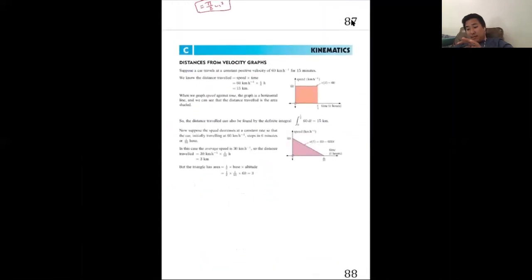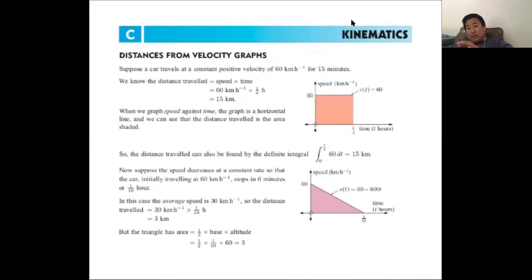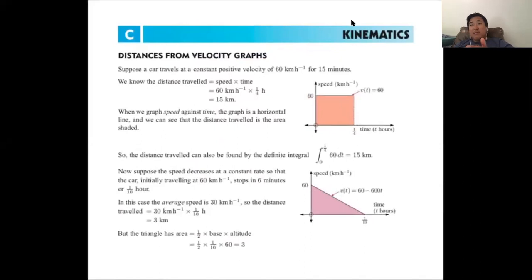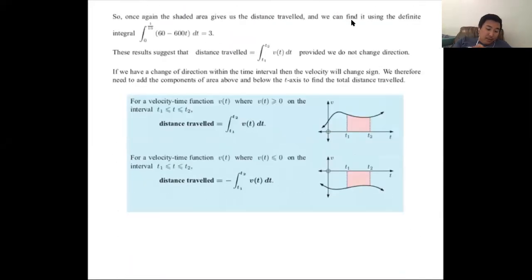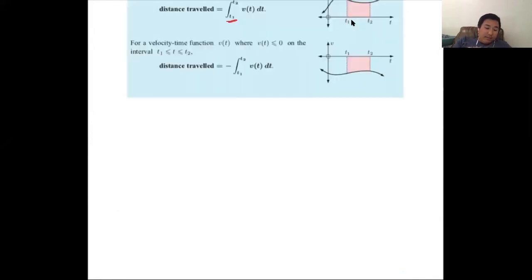Okay, kinematics, distances from velocity graphs. So before we could always go from displacement to velocity to acceleration, but now we can go backwards. And these are pretty fun. So if you know the velocity function, you want to find the total distance traveled, you can do the integral of velocity. And then remember if it's below the x-axis, put the negative right.